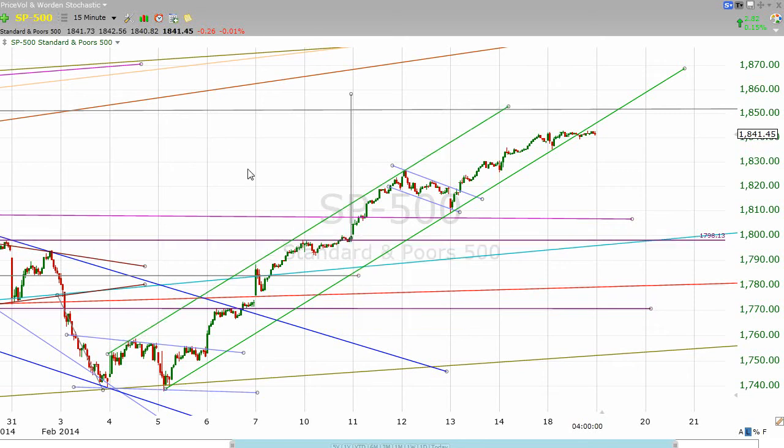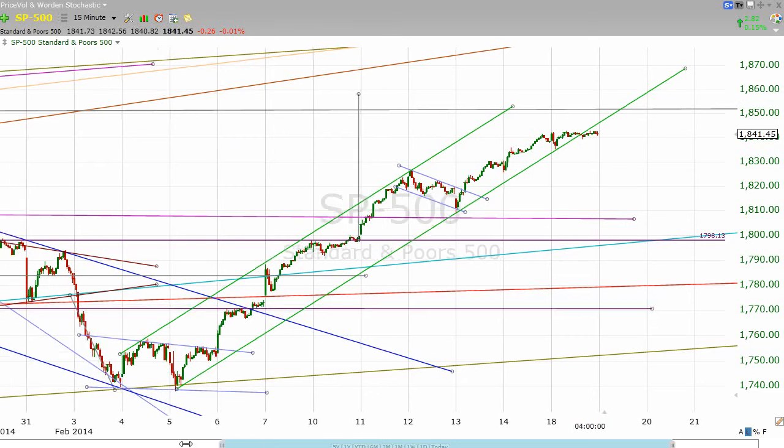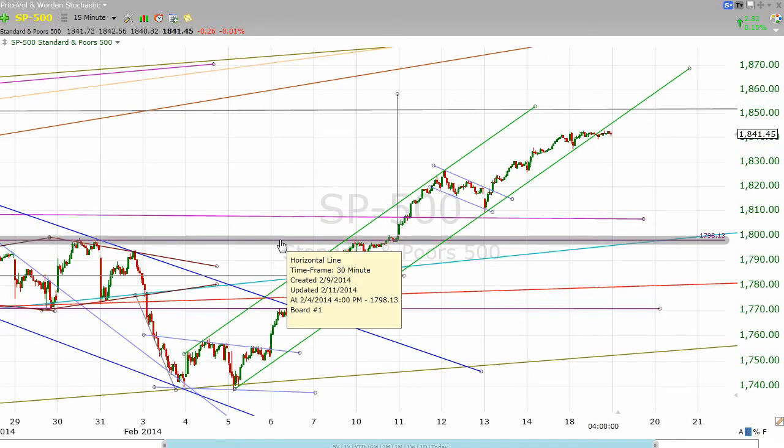But we've seen these before, and they have so far made their targets. So we've got a target still of about 1858 from this pattern getting over resistance at roughly 1798.